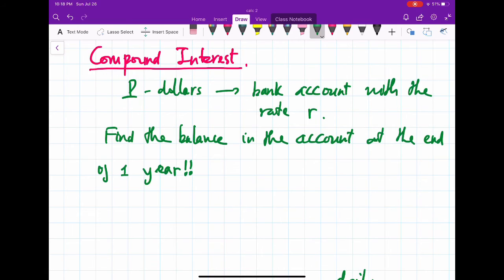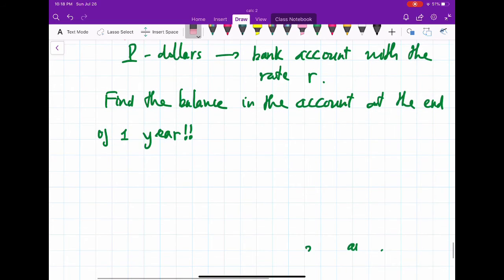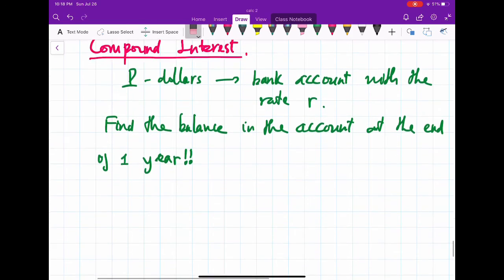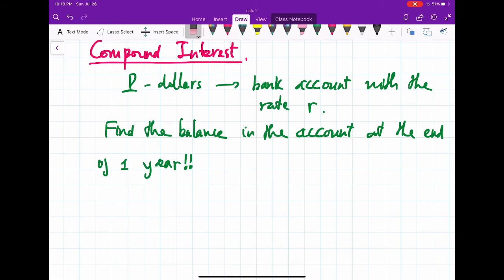So, in order to solve this problem, we need to know how many times in a year the interest is compounded. Because that is important, right?